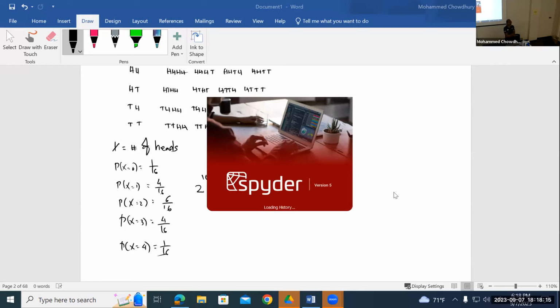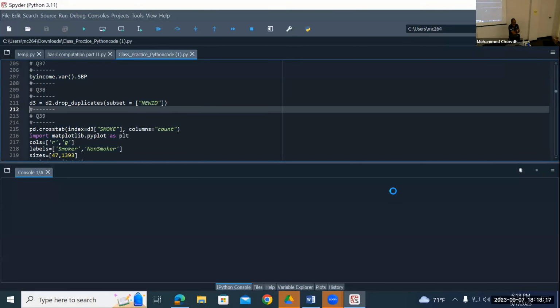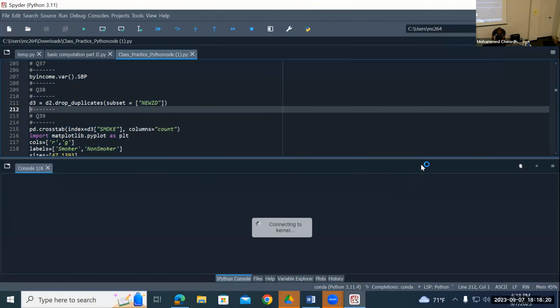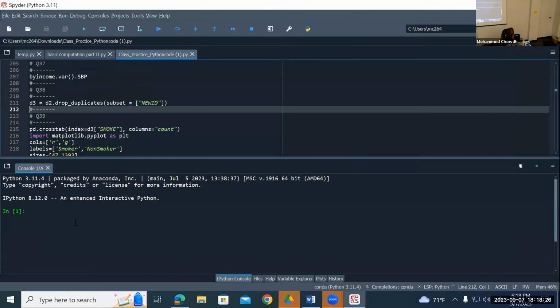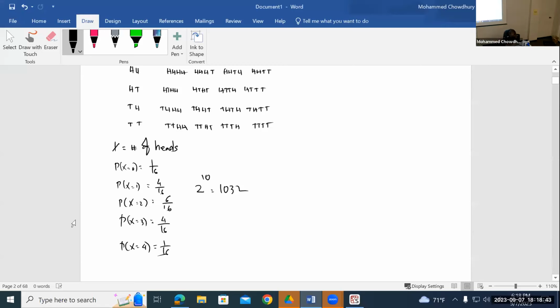So someone wants to compute the probability of getting 7 heads by tossing a coin 10 times. This is 2 to the power 10, which is 1024. So 1024, right? How many sample points? 1024 sample points, right? If you toss the coin 10 times.